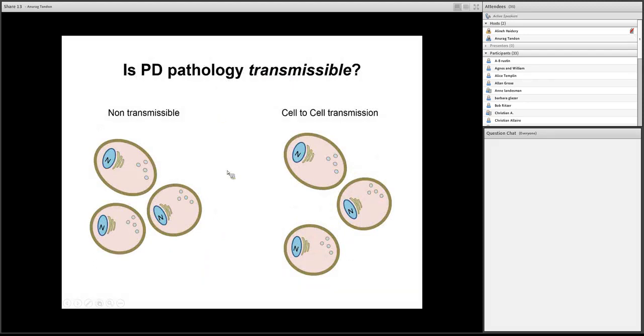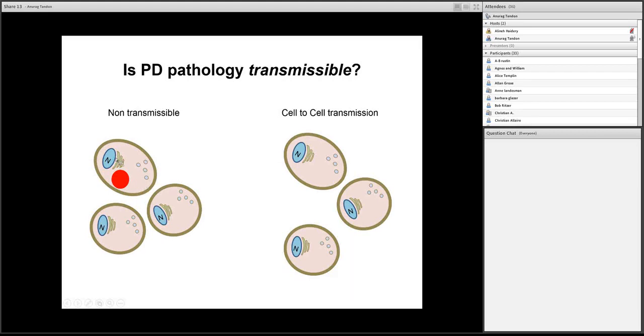So on this cartoon, the non-transmissible form, you have a neuron that develops Lewy bodies, and this is due to some sort of inherent mutation in its genes, or it may be an inherent insult that it receives or oxidative stress.